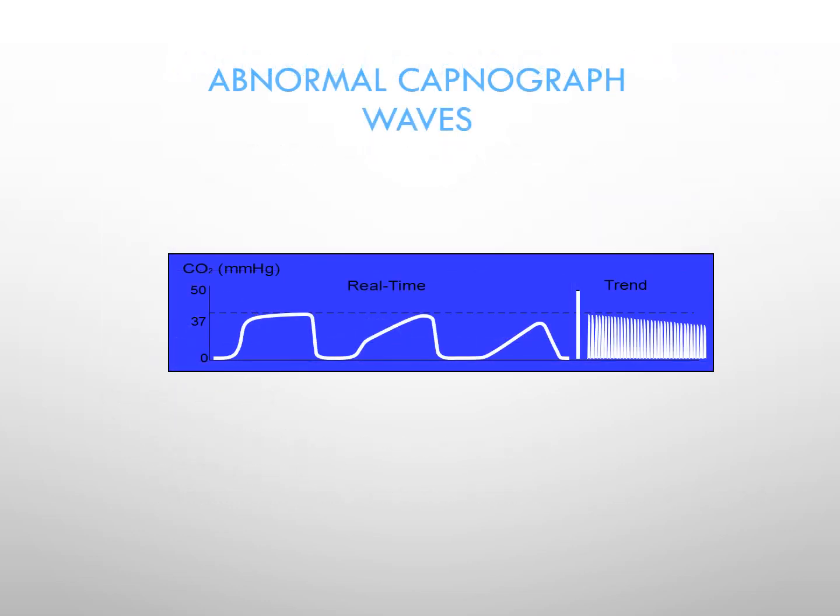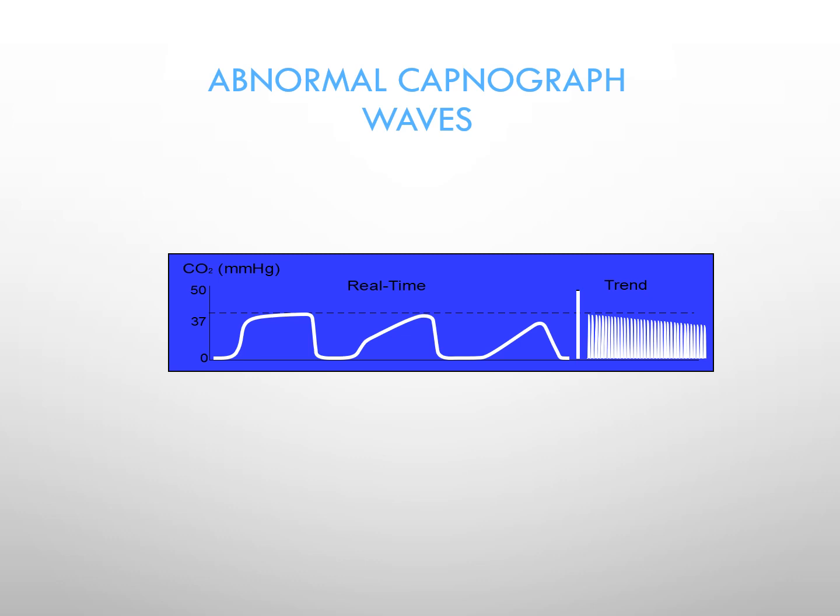And this slide is basically showing you an increase, this sharp rise. It looks a little like a shark fin, and it may well be indicative of some form of obstruction. It could be an obstruction in the airway where you're not getting that sharp exhalation; you're getting some resistance to it.